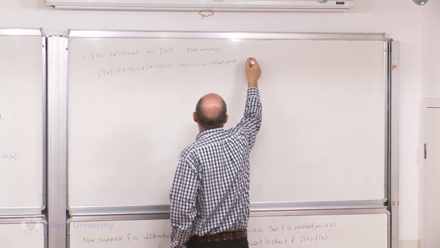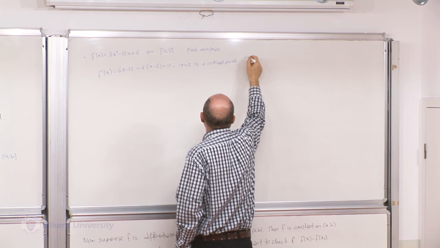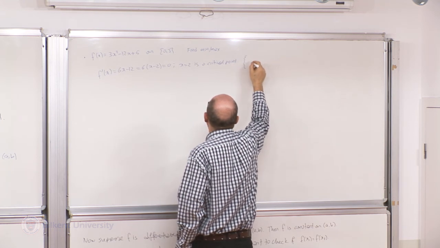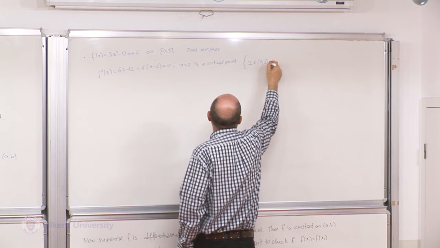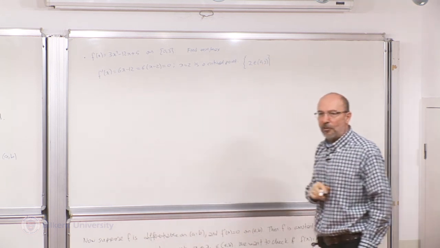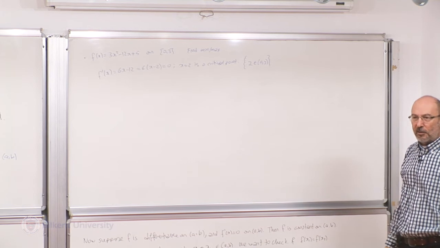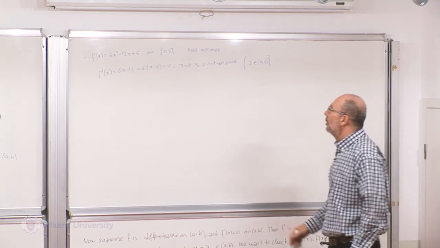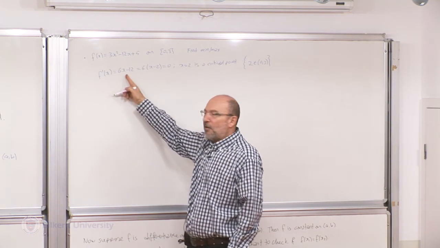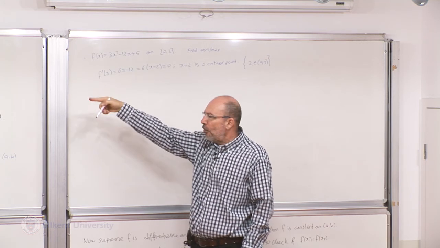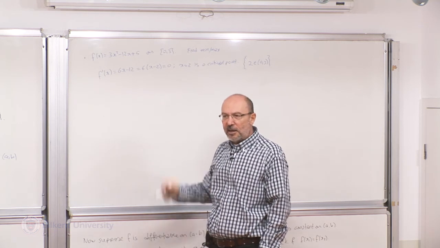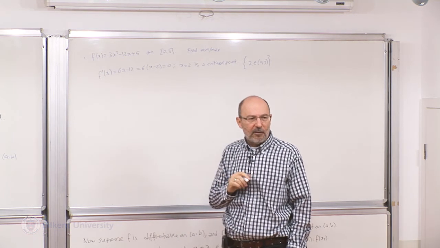And we check that: you don't write this one, but you do this in your mind. 2 is in [0, 3]. If this was outside, you would not bother. And the derivative is a polynomial, so the derivative exists everywhere. There is no point where the derivative does not exist. Again, this flashes in your mind for half a second.